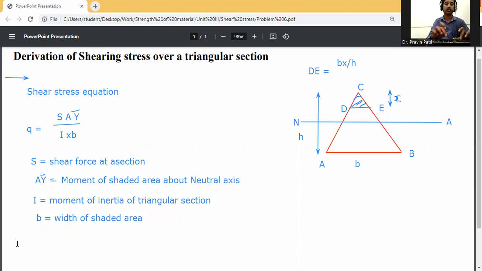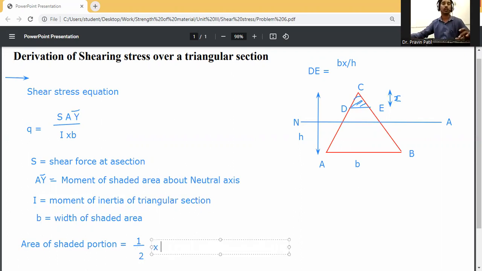So now we calculate. First calculate the area of shaded portion. Area of shaded portion is equal to 1/2 base into height.